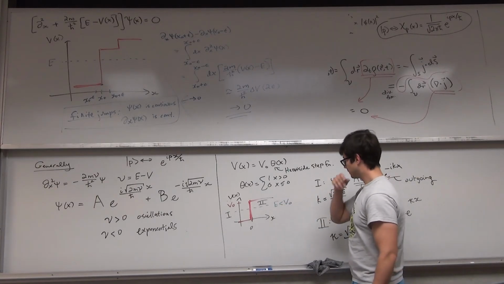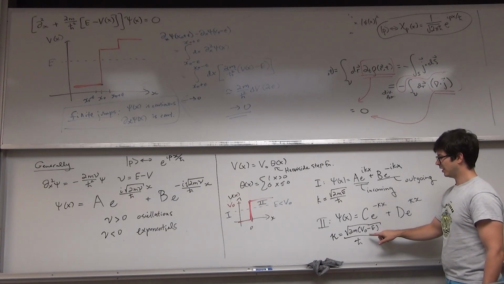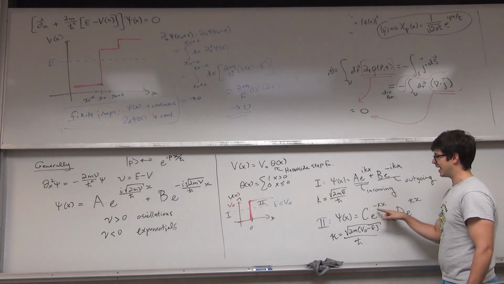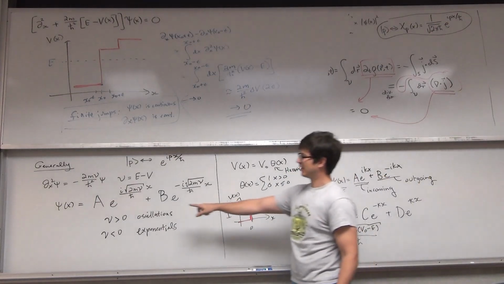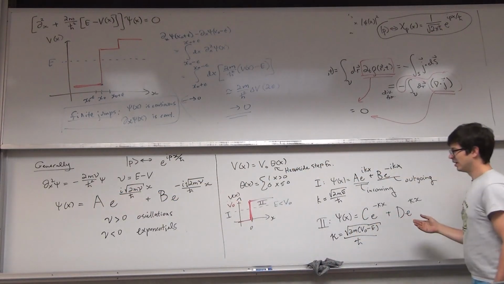That's just this amount here. Since E is less than V naught, this is a positive number. I factored out that factor of i and canceled it with this i to get a minus sign here and a plus sign there, so you get these two things.